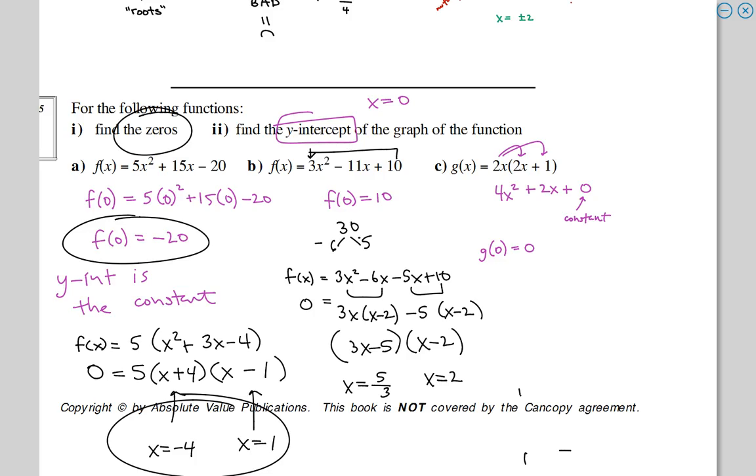And for the last one, remember we distributed? So just head back to the factored version. This one gives x equals 0, and this one gives x equals negative 1/2.